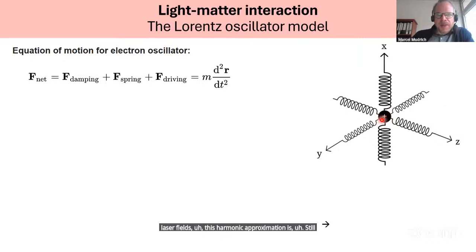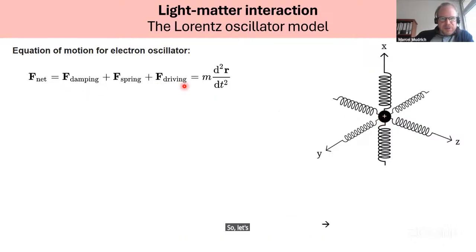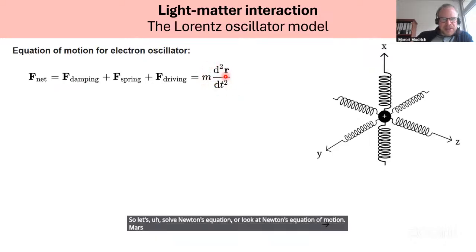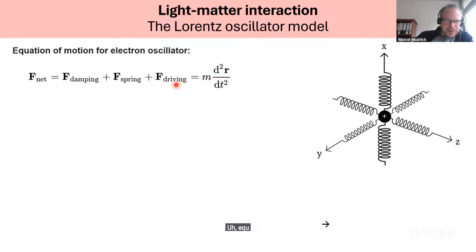So let's look at Newton's equation of motion. Mass times acceleration equals forces. And so we have various forces here. We have a spring force, which is supposed to be just linear as a function of elongation.